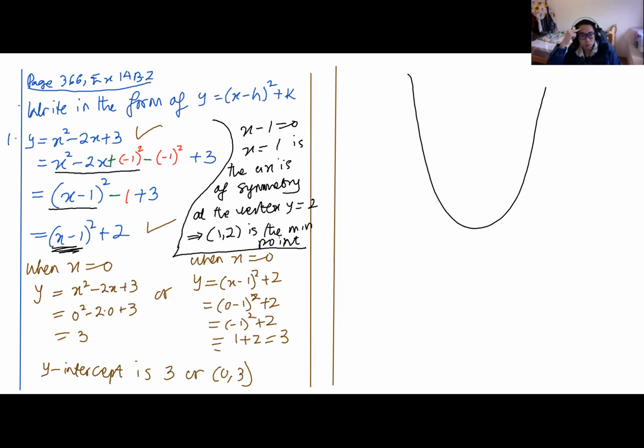So what we are concerned about is the vertex here. So this vertex is when x is equal to 1, y is equal to 2. So this is (1, 2). I just write it here. So the axis of symmetry, it should have been a broken line, but I don't have a broken line here, so I'm going to use a normal line.